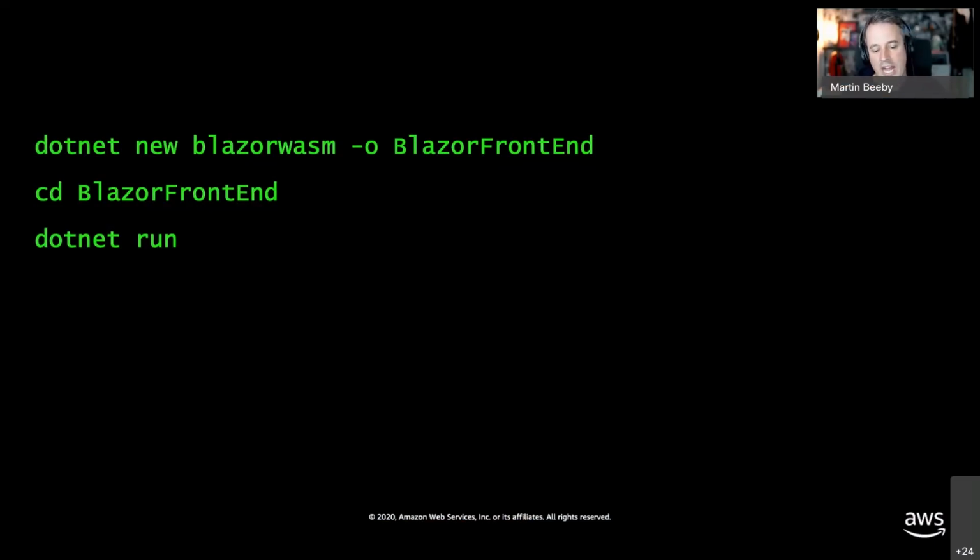Then we give it a name for our project, which is BlazorFrontend in this instance. Then I cd into that folder, and you can just say dotnet run, and it will build your application. It's a very basic application where you can click a ticker, and it will increment a number. The cool thing is, all of the logic in that browser isn't done in JavaScript, it's all done in .NET.